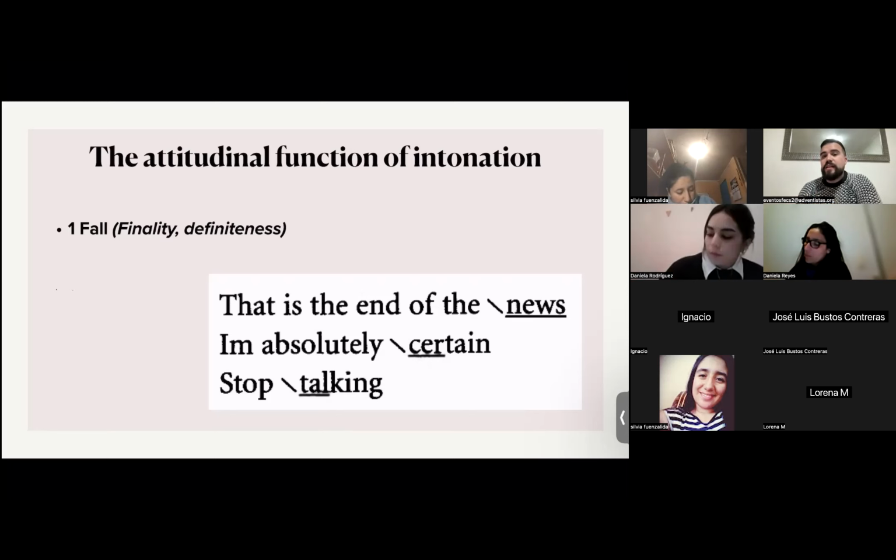It's very important that you take notes about the use of that specific tone, the fall, because for the activity of today, you have to create a dialogue and you need to provide that attitudinal function to your speech.